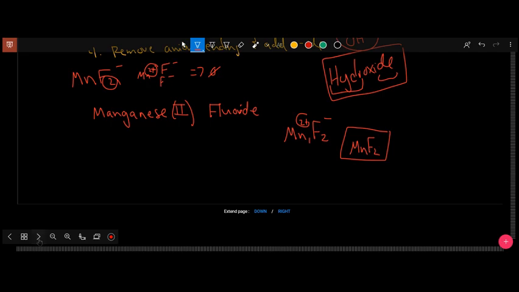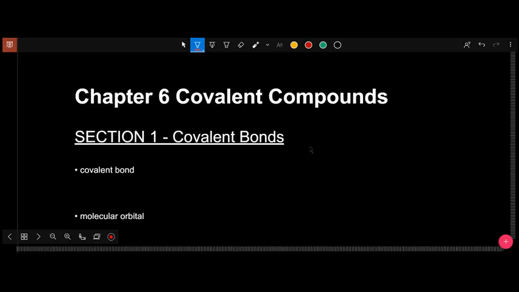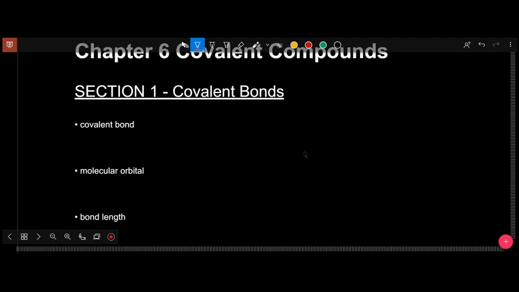All right, next, let's move on to chapter 6. Chapter 6 is about covalent bonds. So remember, ionic was metal to nonmetal, or an anion and a cation, or a cation and an anion, I should say, whereas covalent are two or more nonmetals.